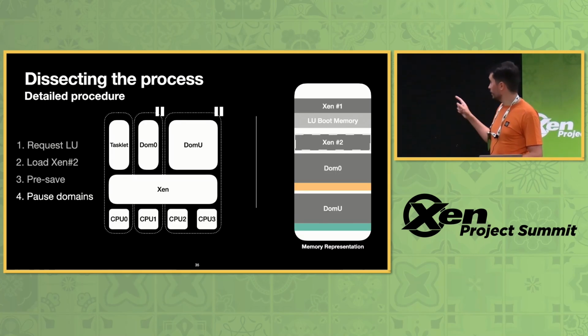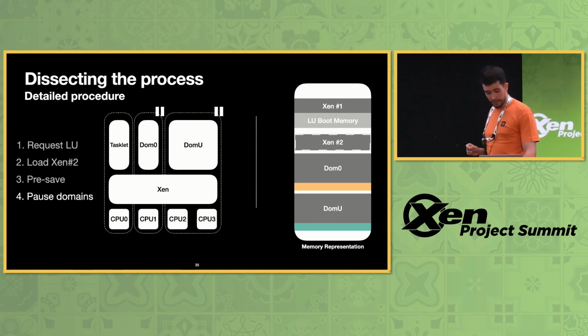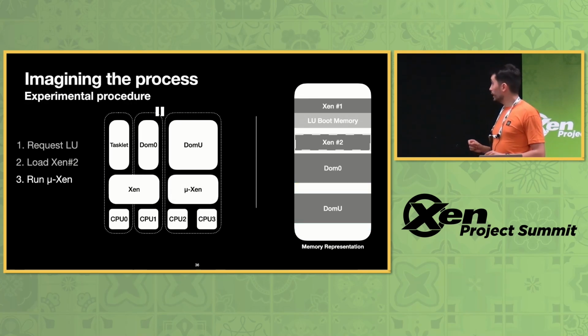So let's have a look at what I shared at the beginning of the presentation. I said that at some point we had to pause the domains, but instead, what if we were running microxen on the guest domain and keeping it running while we are saving stuff in the tasklet? The save operation could happen in parallel while the DOMU is running.